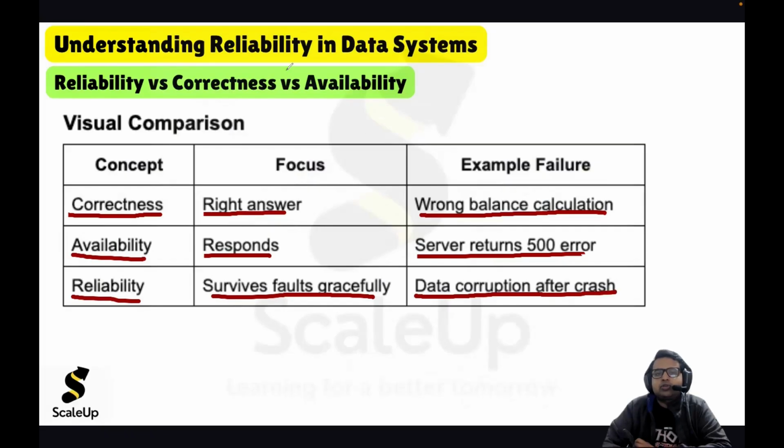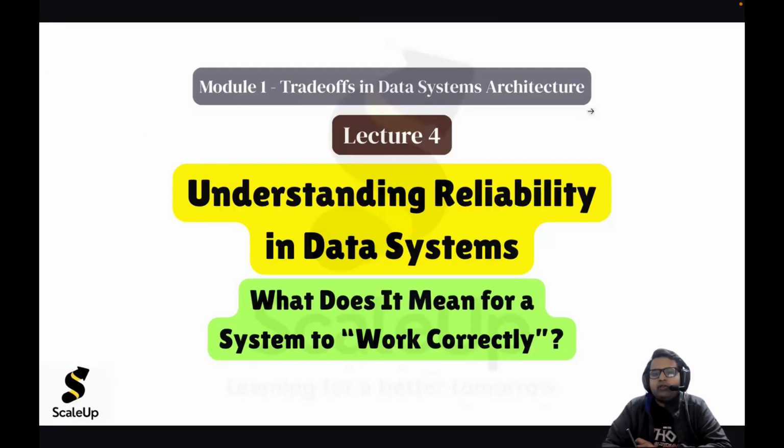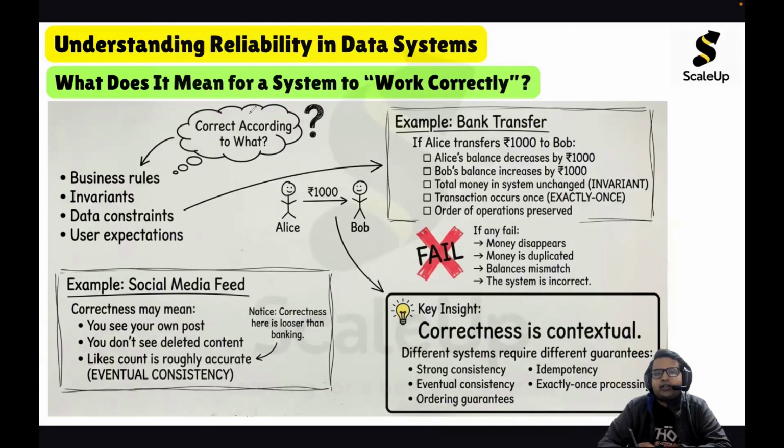So let us suppose a crash occurred and data got corrupted, and hence the system is not reliable because it was not able to handle the crash gracefully. So that's the idea. What does it mean for a system to work correctly? If I talk about correctness, correct according to what?